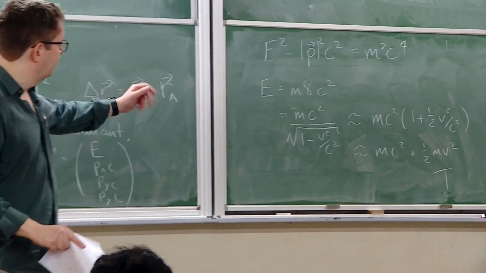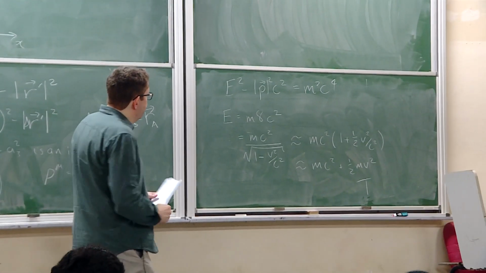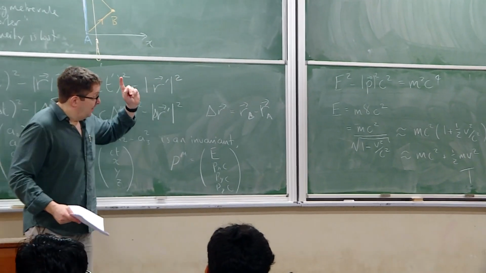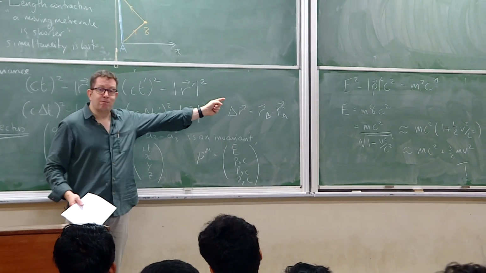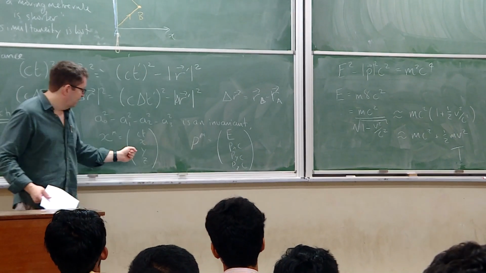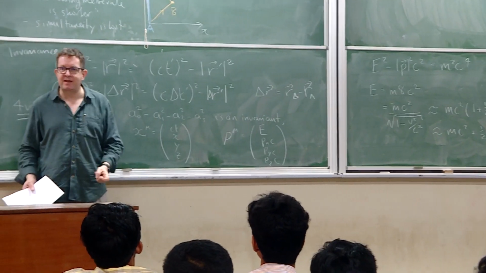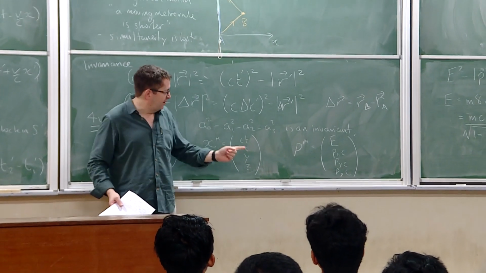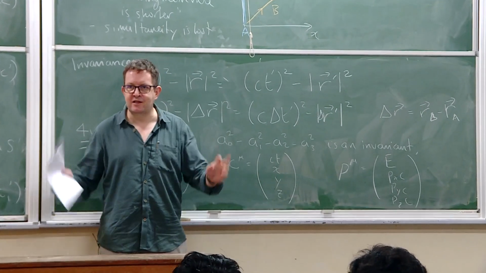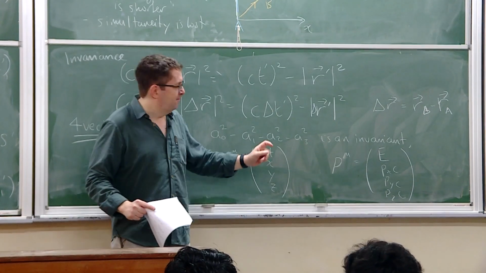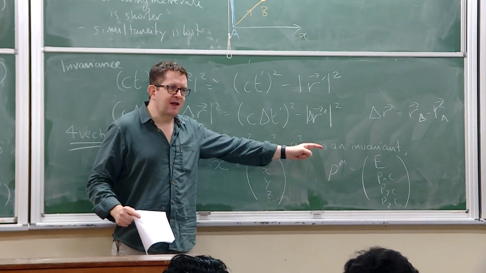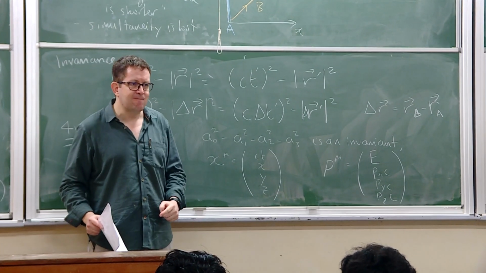Okay? And this is where it comes from. If you are interested, you can prove this by thinking about what the momentum would be. So if you differentiate this with respect to the time in the rest frame of the particle, you'll end up getting this relationship, okay?